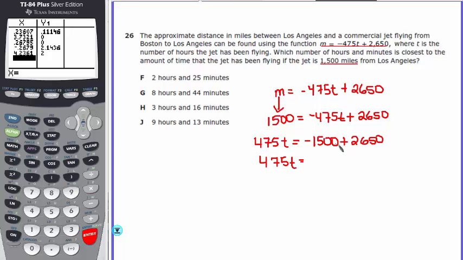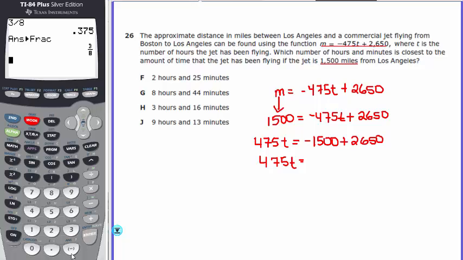Negative 1500 plus 2650. If you want to use a calculator, you can press second quit and enter the numbers as they appear. Negative 1500 plus 2650. And the calculator gives me 1150.